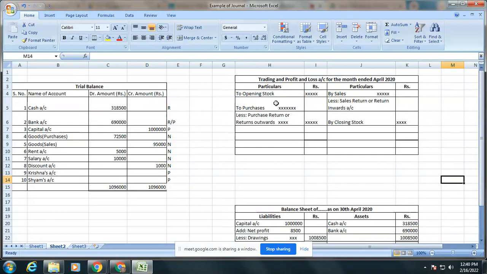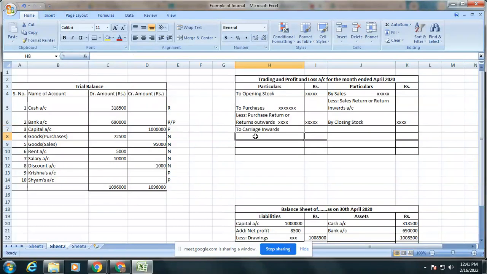And like I mentioned, purchase and sales will also amount to some returns sometimes, and those are also adjusted in the trading part. Now, in addition to these, there are only two things that we'll consider as part of trading account. One is carriage inwards, right?